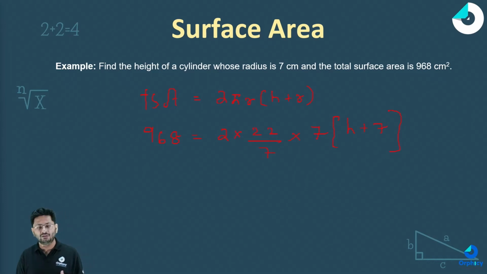H is not known, so there is one equation and only one unknown. So 7 cancels 7, 11 into 2, 11 into 8, 11 into 8. Okay, 4 is cut by 22, meaning h is equal to 22 minus 7, which is 15 centimeters. That would be the correct answer.